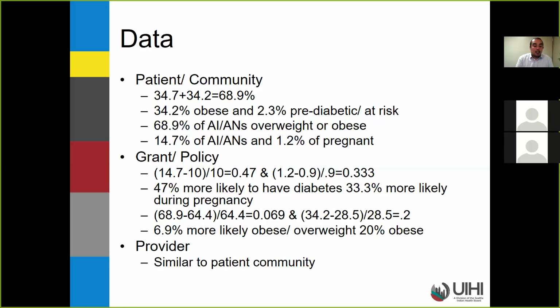In this situation, if I were providing the information to providers, I think it's very similar to the patient community. A lot of these numbers are easy to digest, and as far as being immediately recallable while seeing a client, it's a lot easier to remember that 68.9% are either obese or overweight than trying to remember exactly what the increase in percentage is, and then figure out how to interpret that and use it as a means of intervention.